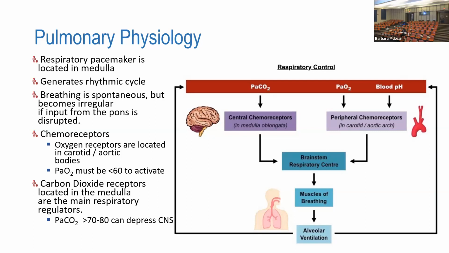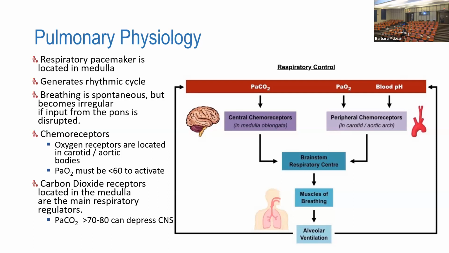So very, very important for us to appreciate that just like your cardiac pacemaker, you have a respiratory pacemaker, and that respiratory pacemaker is primarily responsive to the presence or absence of carbon dioxide, and secondarily responsive to the presence or absence of oxygen or the overall blood pH.